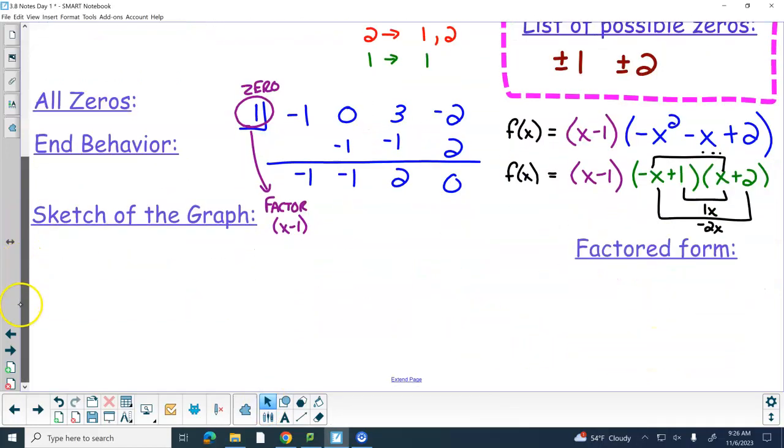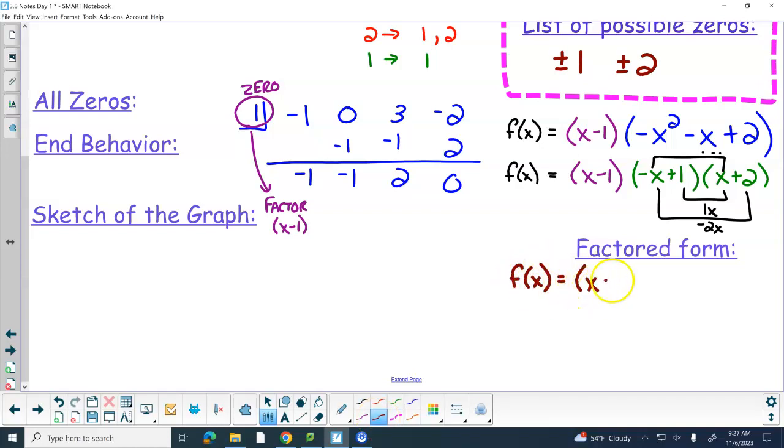Now some of you gave it to me in a little different form, as I was walking around. So this is one of them that we would have accepted. We would have also accepted if, right from up here in the blue step, you would have factored out a negative 1, because we always like positives on our squared term when we're factoring.